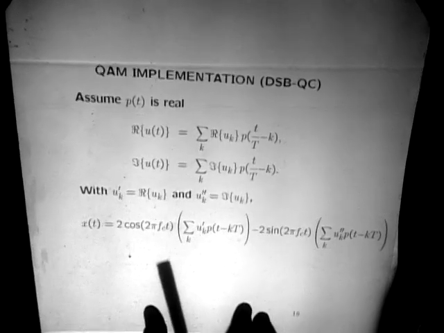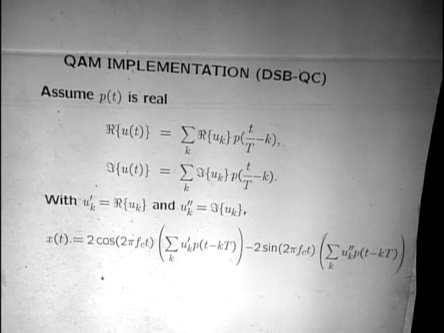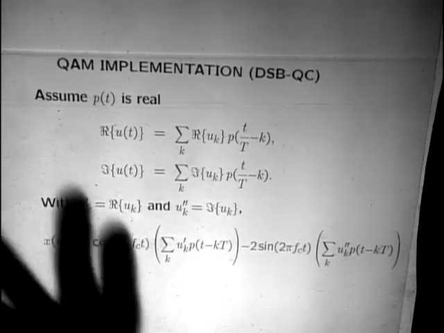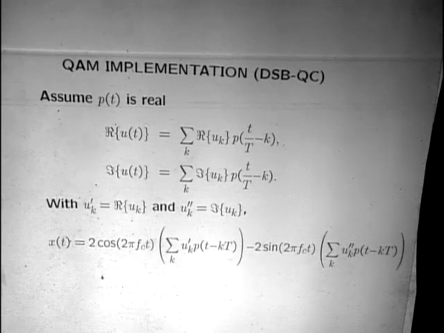So the implementation is what you've seen. I mean, the implementation is old, and it's the way you want to build these things. You start out with 2 real baseband waveforms, one which we call the real part of u of t, one which we call the imaginary part of u of t. In the signal diagram, one of them is the stuff that goes this way, and the other one is the stuff that goes this way. And if you're using a standard QAM signal set, the 2 are completely independent of each other.